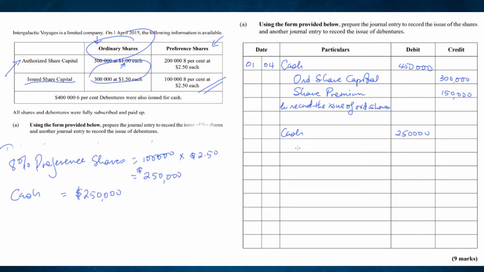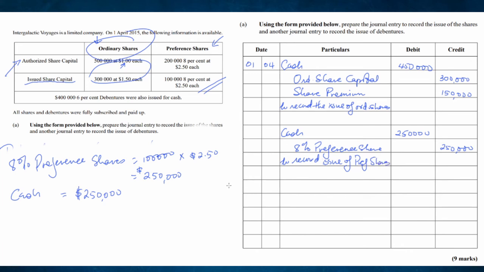And we're going to credit that 8% preference share capital with $250,000. Okay, so we can do a little narration to record. Once again, your narrations can be anything that reflects the nature of the transaction. So to record issue of preference shares.